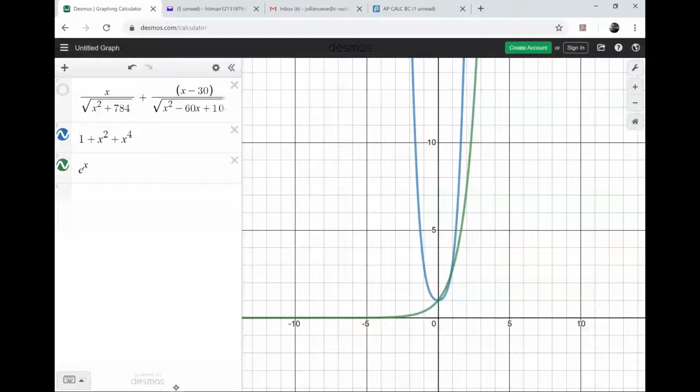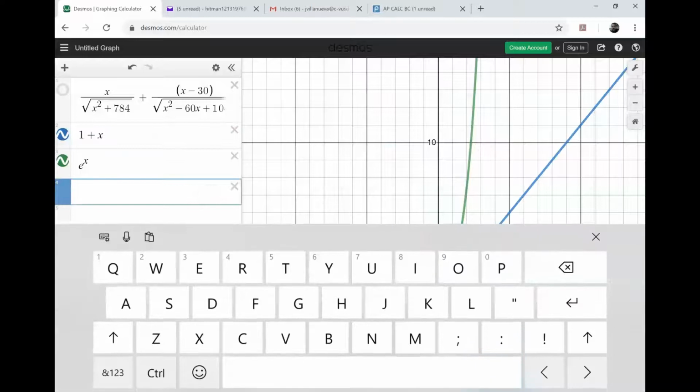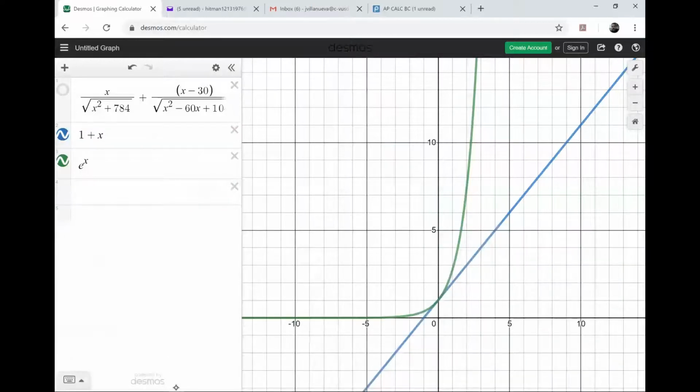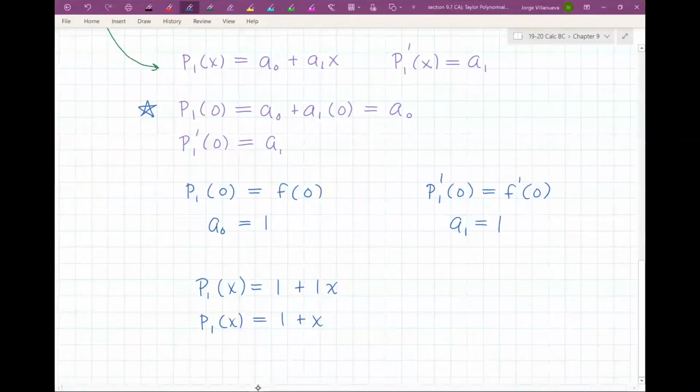The more terms I have, the better it fits. Because if I just make it look like this, that's pretty terrible. I don't want to base my work on an approximation of e to the x that looks like a linear function. So this is why Taylor created this process.